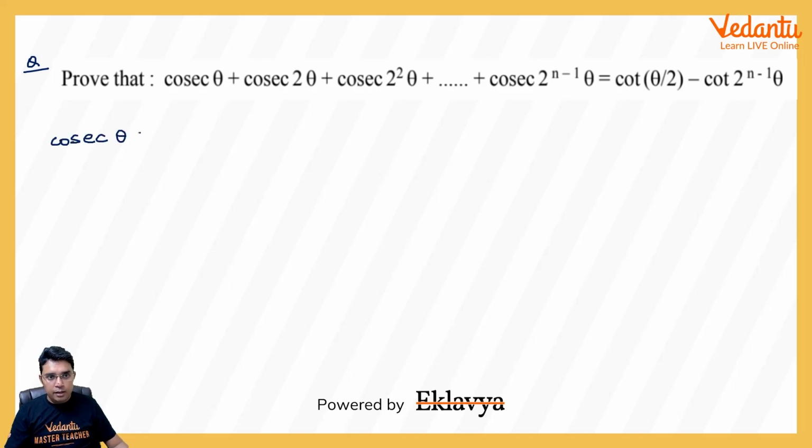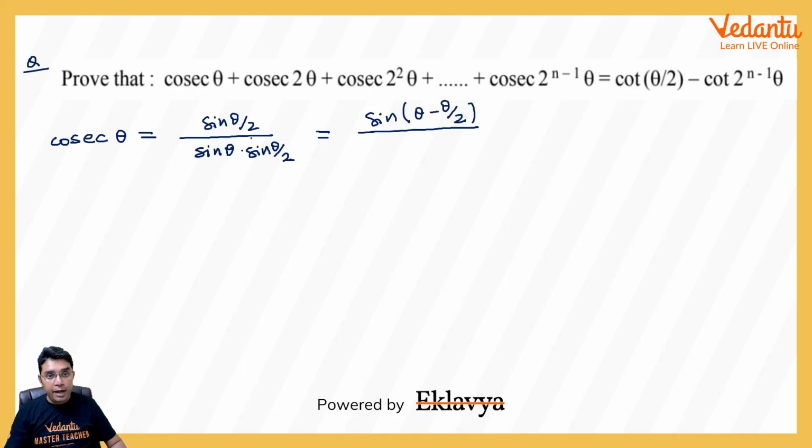Cosecant theta can be written as 1 upon sine theta. Okay. Now if I multiply by sine theta by 2 here and sine theta by 2 here, I have not made any difference. But if we write this sine theta by 2 as theta minus theta by 2, which we can definitely write, now in the denominator we have sine theta into sine theta by 2.